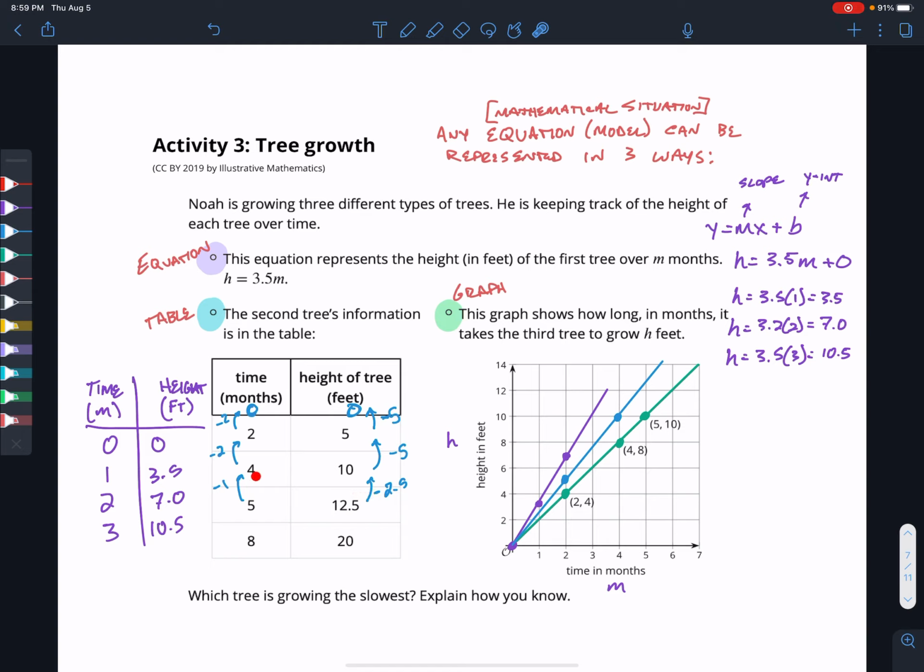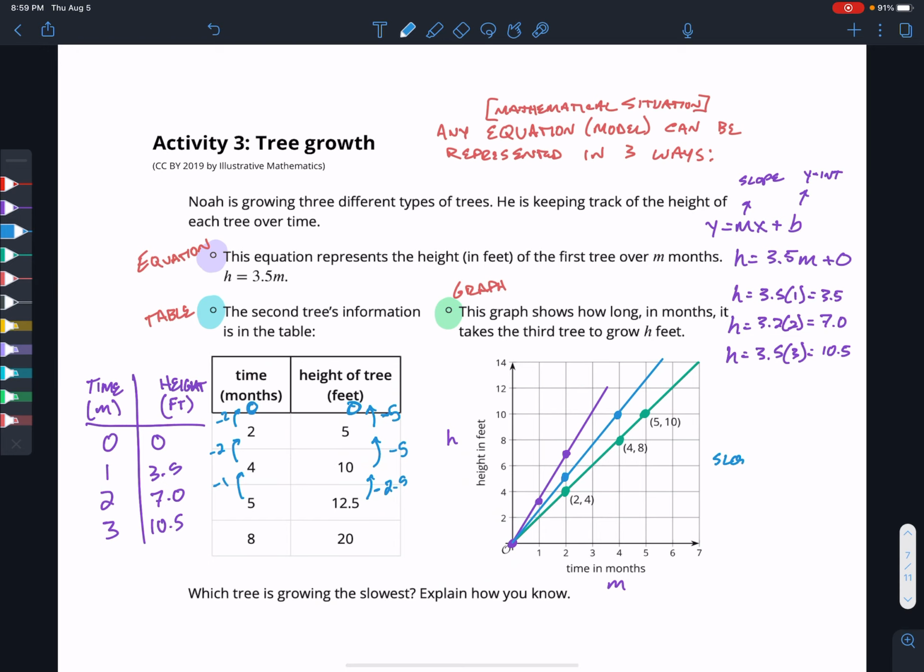For every x, or for every m, we go down 2.5. Let's not use m because m is months. So our slope for the blue line is, for every time we go up in this way, so now I'm going back this way, that way is positive 1.